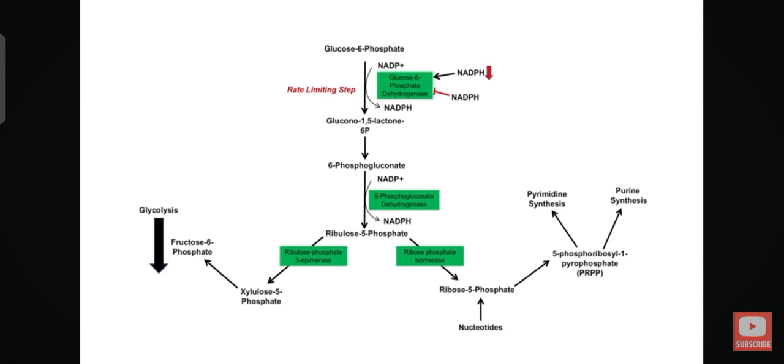So ribose 5-phosphate can be redirected into the glycolysis pathway through ribulose 5-phosphate, xylulose 5-phosphate, and into fructose 6-phosphate. So there are some common steps where ribose 5-phosphate generated from nucleotide breakdown can be redirected into the glycolysis pathway either for ATP generation or for glucose generation. So it's just important to note that as well, guys.